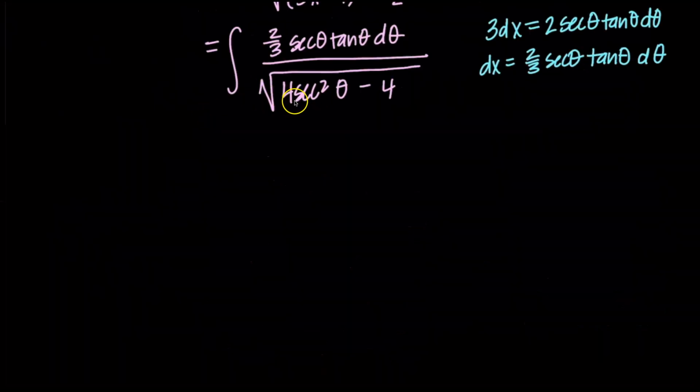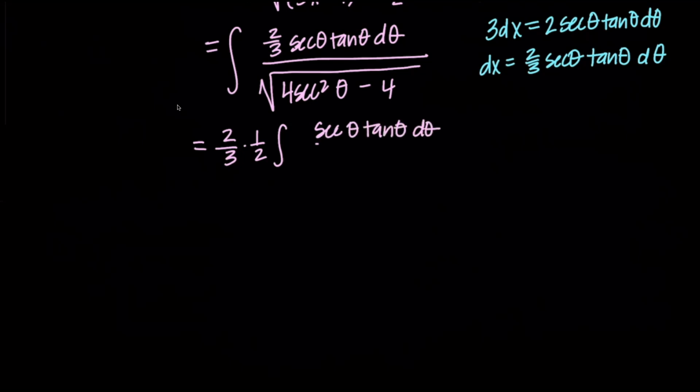Now that we have more space, underneath the radical I have a 4 in common in each term. If I factor out the 4 and take the square root of 4 to pull it out as a 2, and pull the 2/3 out as well, the 2 in the denominator gives 1/2, and I have secant theta tangent theta d theta over the square root of secant squared theta minus 1. Well, secant squared theta minus 1 is tangent squared theta, and the square root of tangent squared is just one copy of tangent.